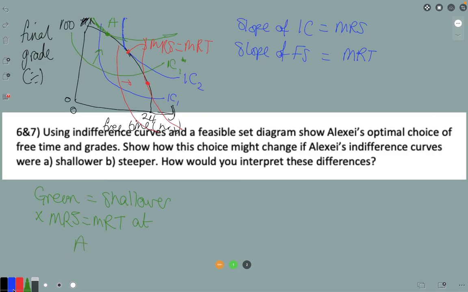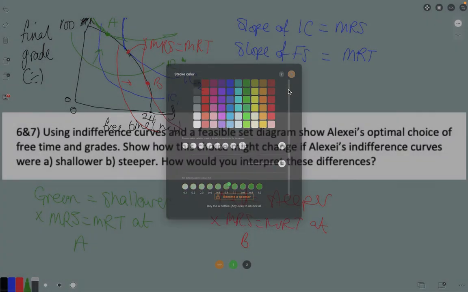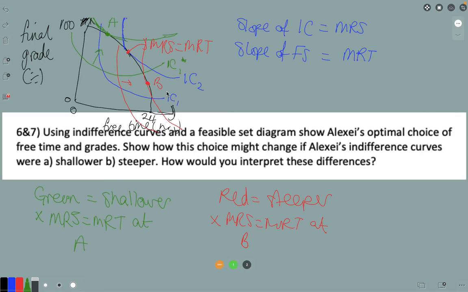Okie dokie, let's go back to the red one then. Red was steeper, and we found out that MRS was equal to MRT at, let's call this point B, at B. To answer this question, all you need to do is compare the differences between A and B. For the shallower one, as soon as our indifference curve is shallower, it's tangential higher up on the feasible set.